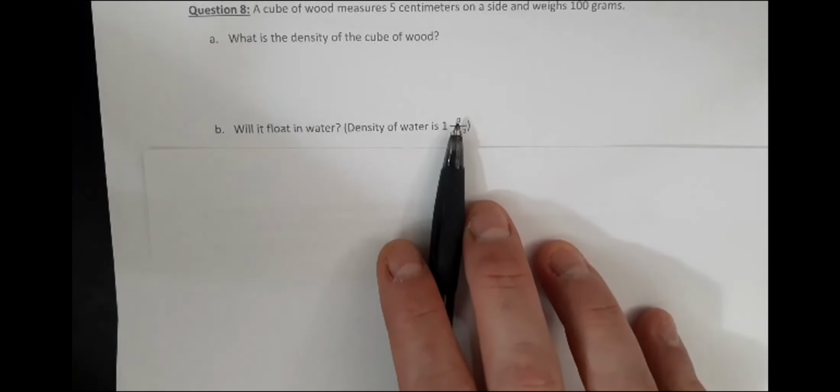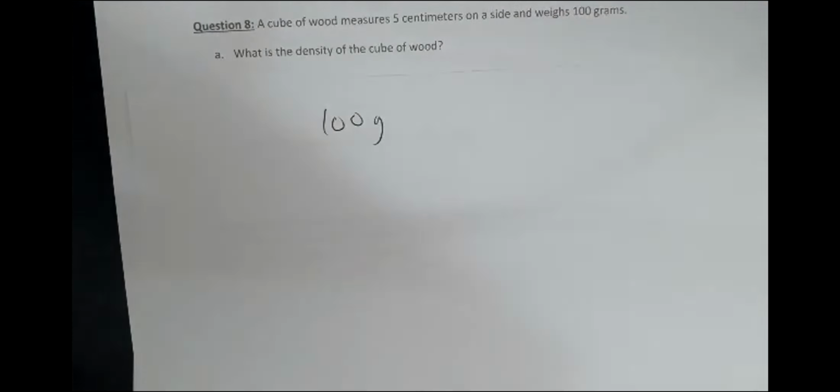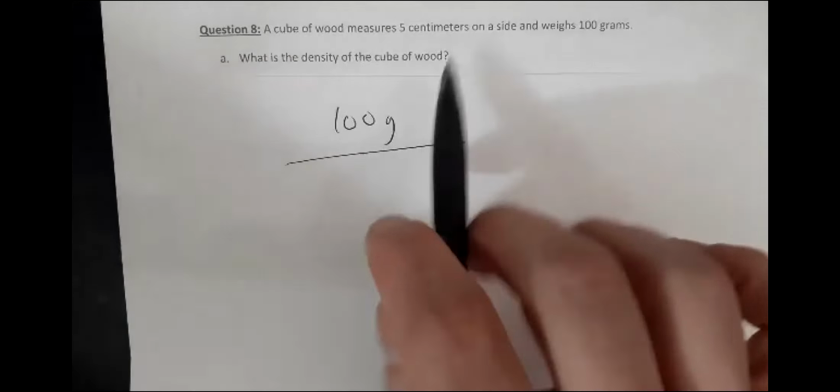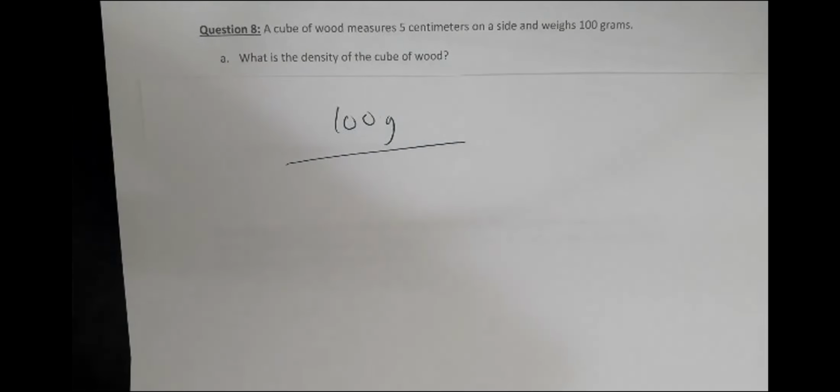Centimeters cubed or grams? The grams is on top. So what I would do is I'd start out with the grams on top. So we want 100 grams on top. And we want this over centimeters cubed. So how are you going to get centimeters cubed from a cube that is 5 centimeters on its side?